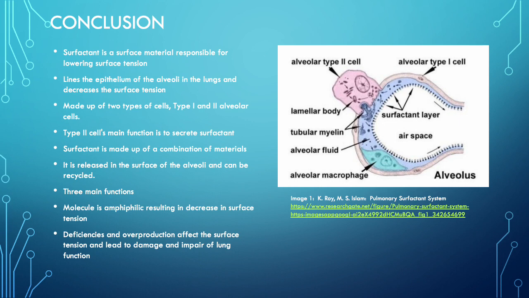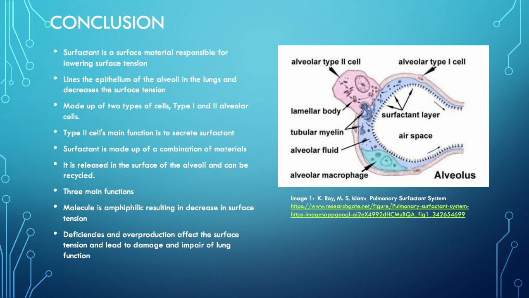It is the type 2 cells whose main function is to secrete surfactant in the lungs. Surfactant is made up of a combination of molecules, mainly phospholipids and specific proteins. Surfactant is released onto the surface of the alveoli and can be recycled.